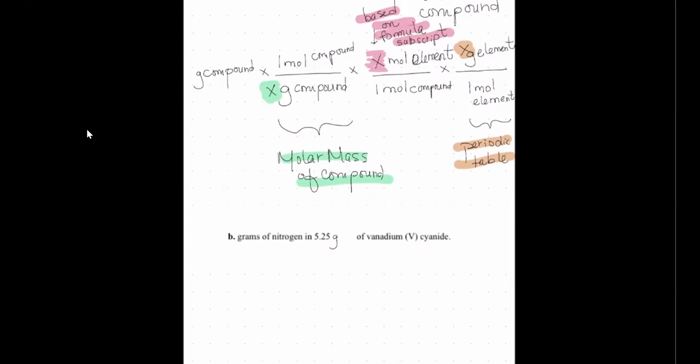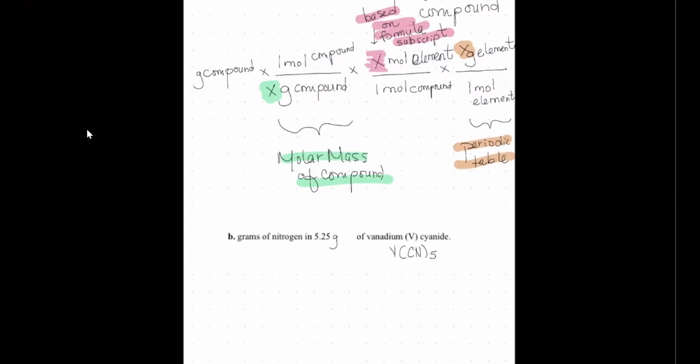Great job, Elle. Thank you. This is VCN5. Okay. So if I have my compound in words, I need to write the chemical formula.